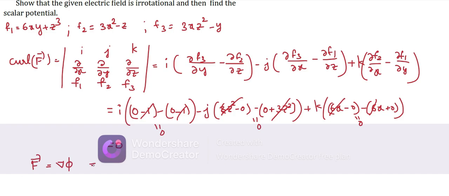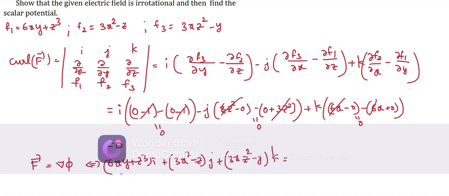Let us substitute the values of f and phi. So what is f, which is 6xy plus z cube into i, plus 3x square minus z into j, plus 3xz square minus y into k, that is equal to gradient of phi.